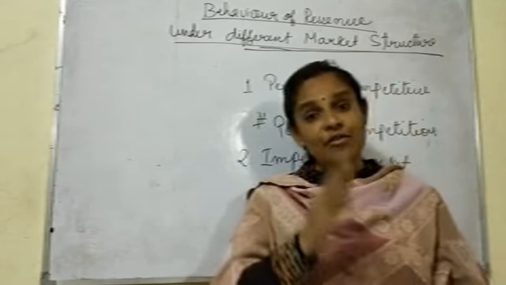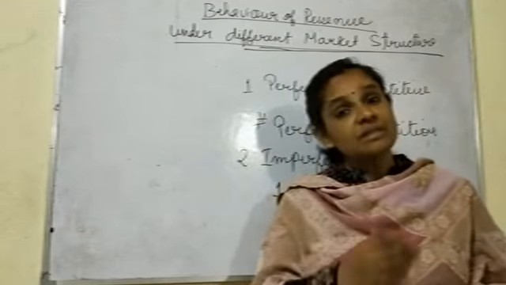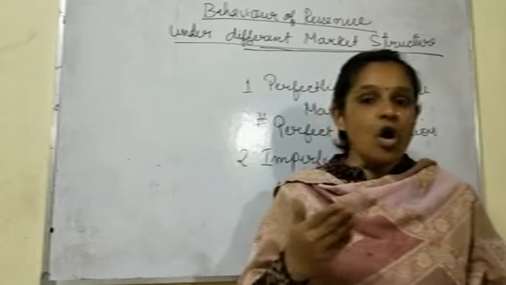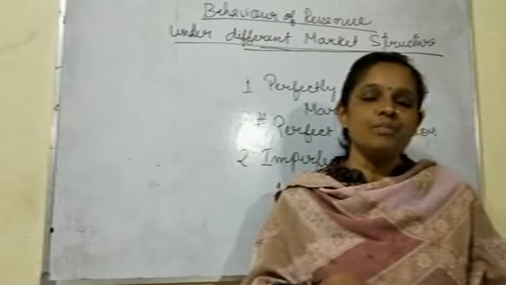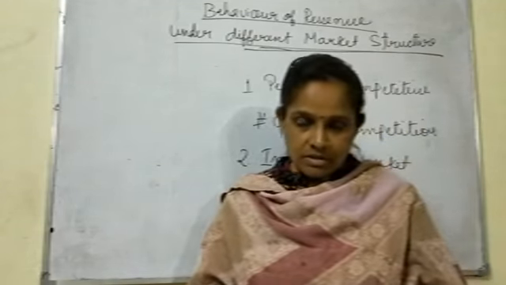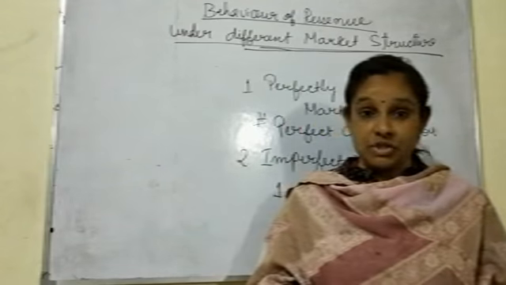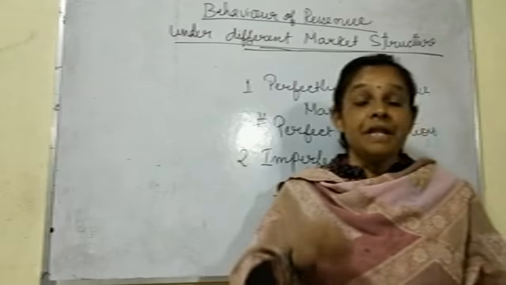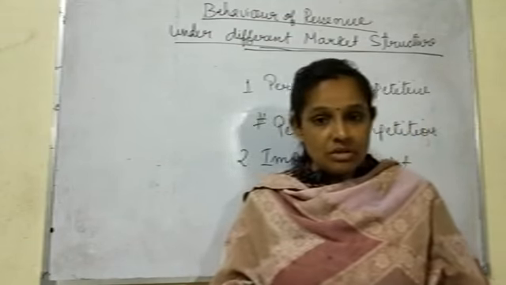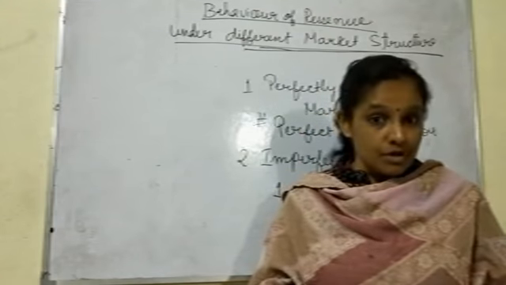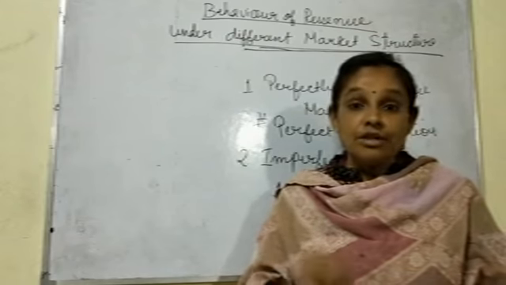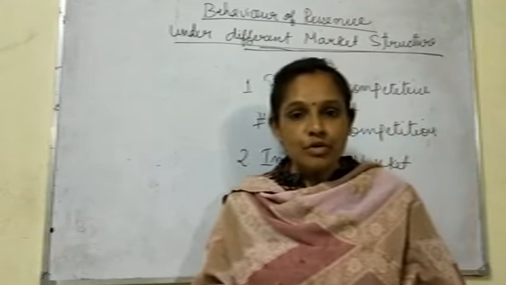Now, since every seller is selling the same kind of commodity, obviously there will be too much competition among the sellers. But one thing you also need to understand here is that under perfect competition, a producer or a firm or a seller cannot determine the price. Other name of the producer is what? Firm.